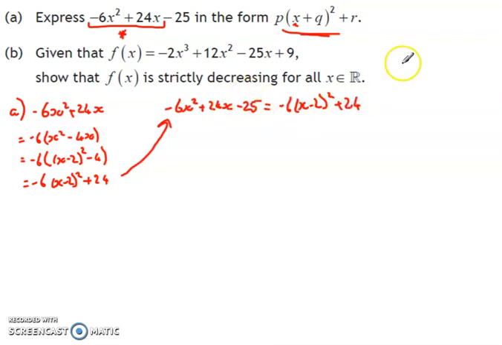But then it's take away this 25 here, because we've not done anything with it up until that point, but it's still included in the function. Simplify the numbers here and what we end up getting is minus 6 bracket x minus 2 squared minus 1.